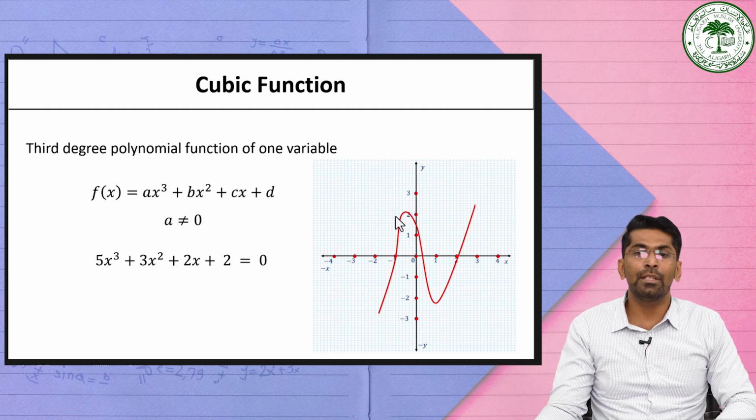Here also is a turning point, here also we have a turning point. Unlike a quadratic function which has only one turning point, in the case of a cubic function we may have an upper side turning point, and also a lower side turning point. So this is the graph of a cubic function.